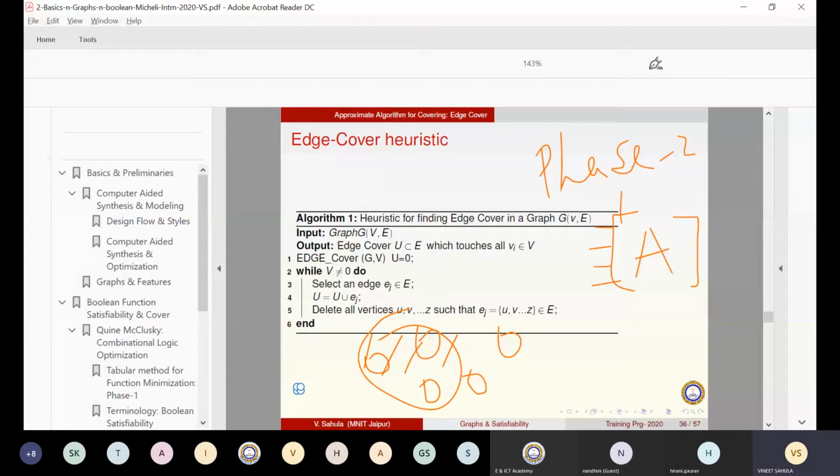So if I am able to represent this matrix in graph form, I can take help of a graph algorithm, an edge cover graph algorithm. For a given graph with hyperedges, I have to find the minimum number of edges, corresponding to the minimum number of columns, such that the chosen edges, a small number of chosen edges, touch all the vertices.